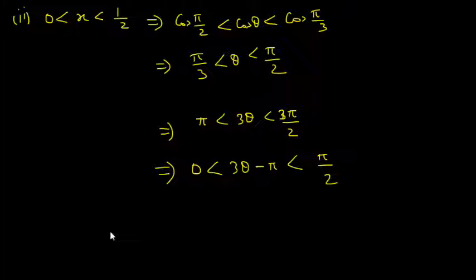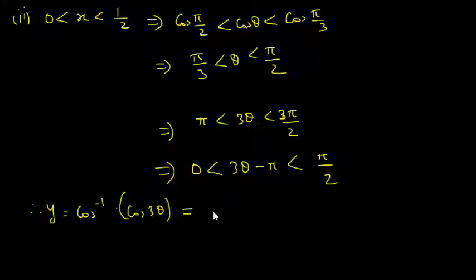So in this case we have the value of y, cos inverse cos 3 theta, is equal to cos inverse of minus cos of (pi minus 3 theta).